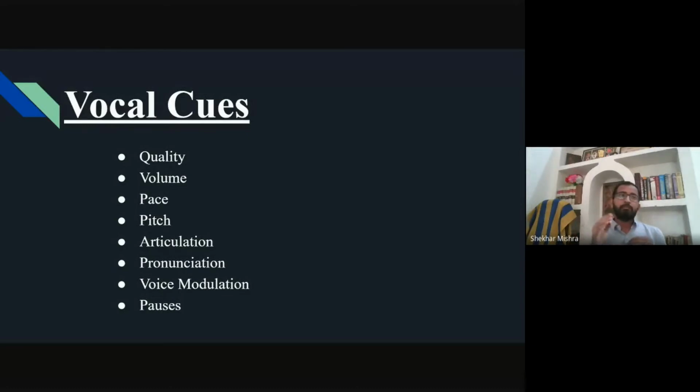Don't speak so slow that it becomes monotonous for the people listening and they feel sleepy, and don't speak too fast that people can't relate with you, they can't get what you are speaking. So speak with fluency and clarity and in a flow, and this can be achieved only if you are speaking naturally, first thing, and second thing, you are speaking approximately 120 to 150 words per minute.